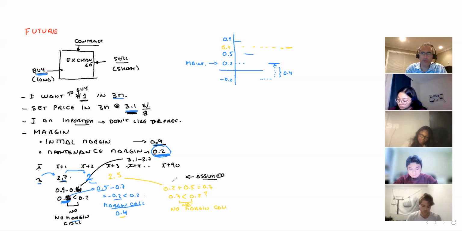Ready? Okay, guys. So let's assume now that the price at T4, I'm exaggerating, of course, this volatility would be insane, now moves to 3.4.